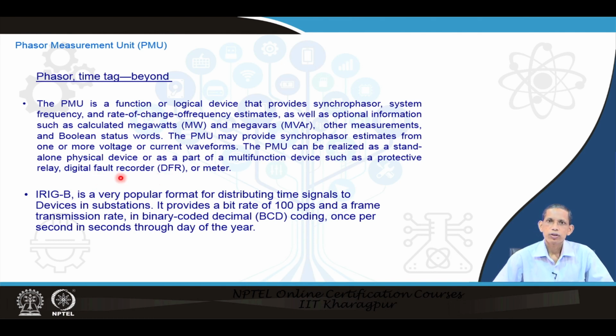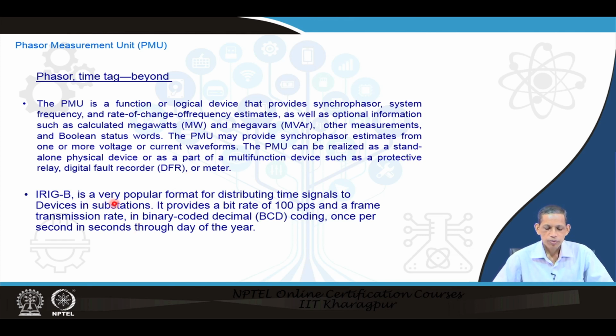A digital fault recorder also can provide such synchronized data, or a meter also. So, these are the scopes of availing synchrophasors from such devices, including relay, digital fault recorder, meters, or simply the dedicated PMU.